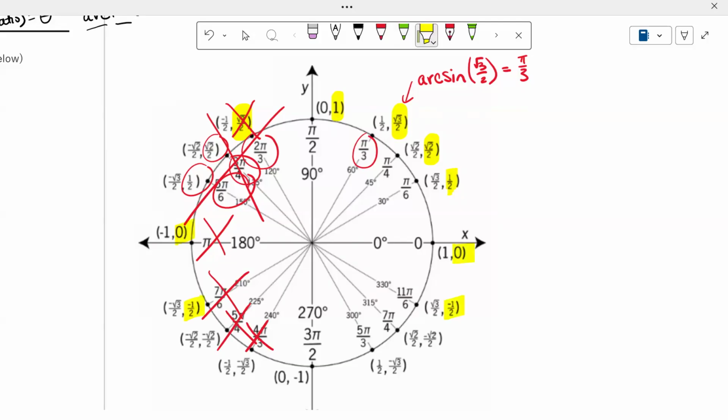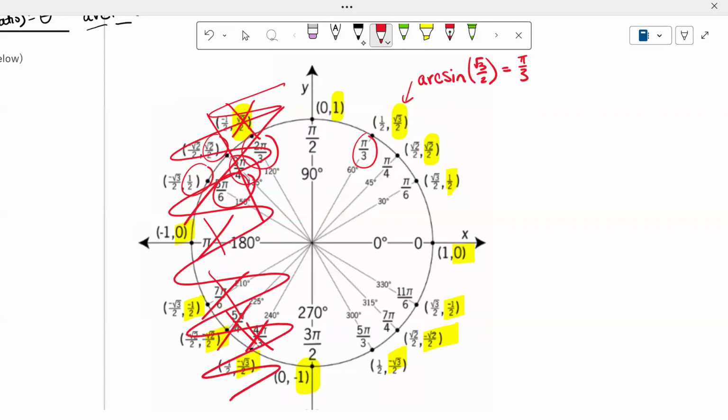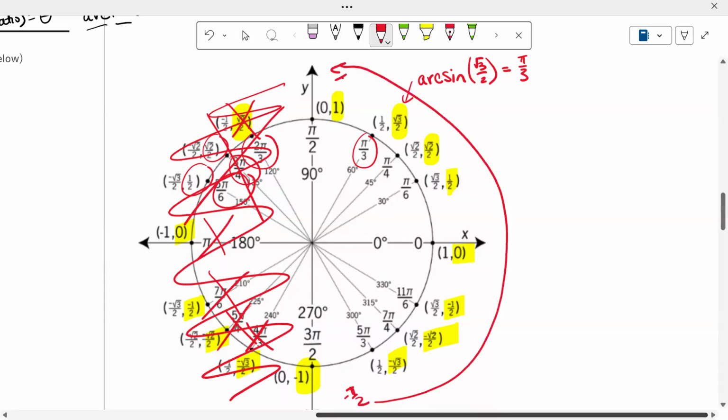Same here. One of them has to go. Same here, here, and here, right? So this one would be okay. So what we're saying is when it comes to the sine value, we only allow angles from -pi over 2 up to +pi over 2.